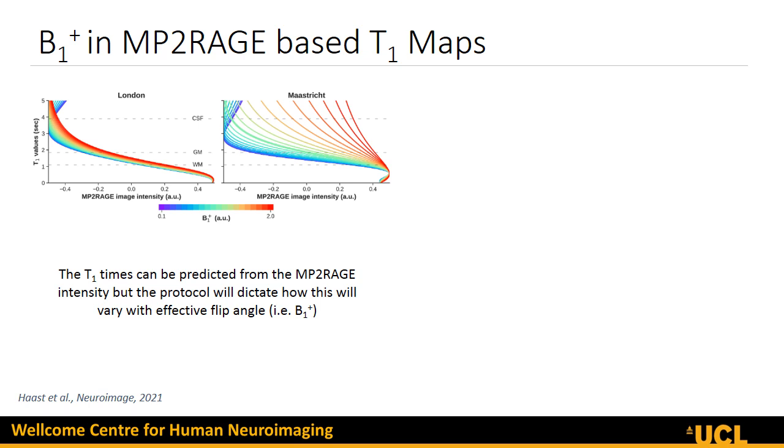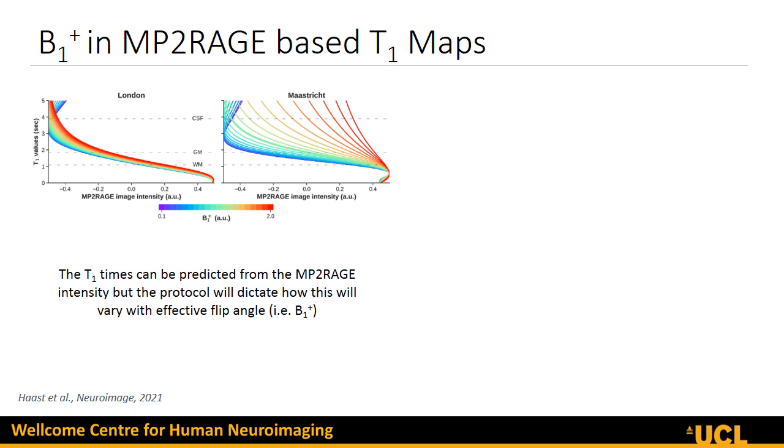However, the sensitivity of this mapping from MP2RAGE signal to T1 time will depend on transmit field homogeneity to a variable extent depending on the specific protocol that has been adopted, i.e. on which sequence settings have been used.